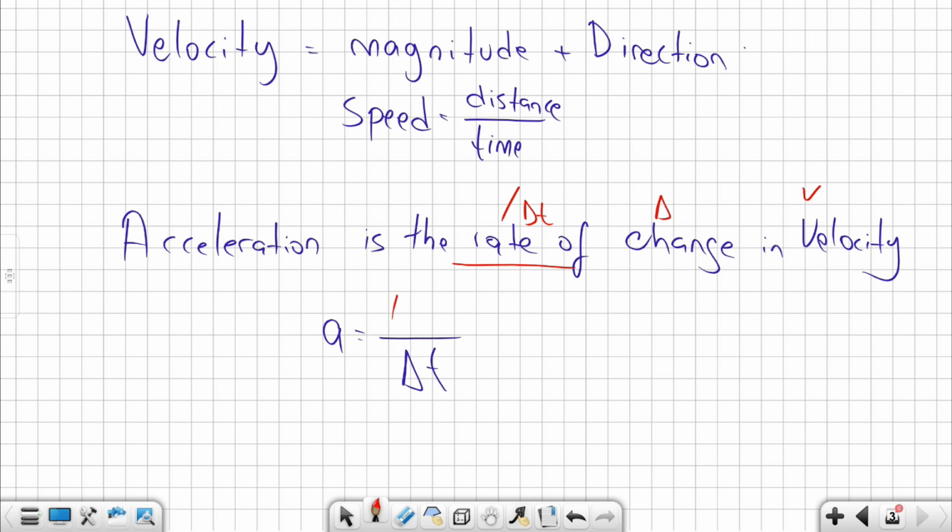So I will write delta v in the numerator, and the unit will be, delta v is meter per second, delta time is second. It will be equal to meter per second times 1 over second. It will be equal to meter per second squared. So the unit of acceleration is meter per second squared.